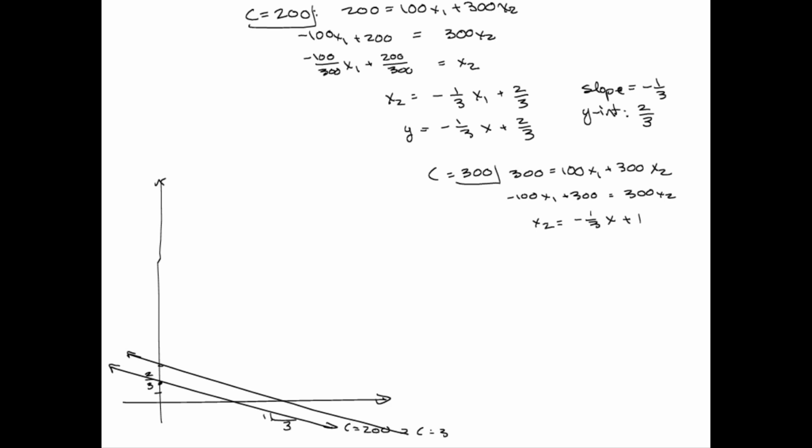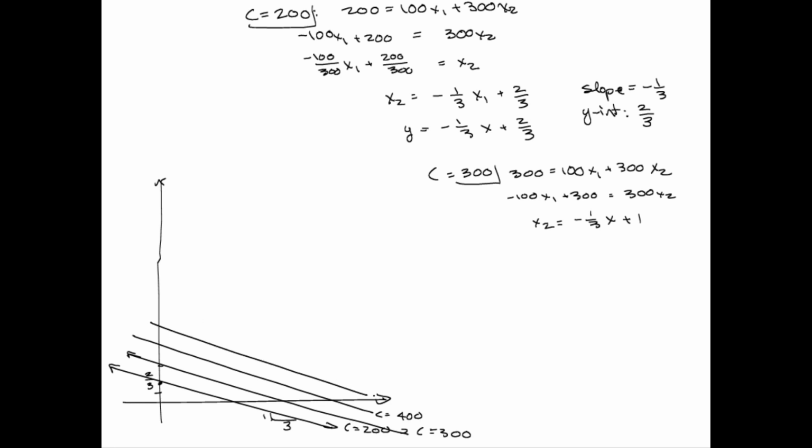C is 300. What's going to happen when C is 400? We're going to have the same slope. We're going to have a y-intercept of 4/3. So it's going to move up a little. So here we'll have C equals 400. And you can keep going. So we have basically these lines.